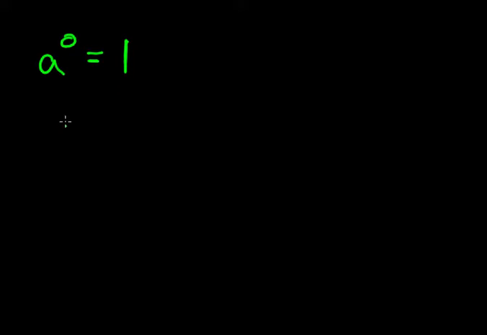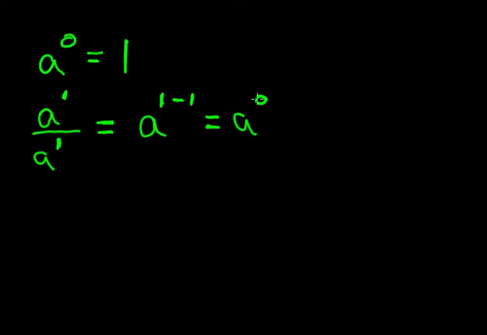We can see this if we look at it this way. If I have a to the first over a to the first, my quotient rule said that was a to the 1 minus 1, which equals a to the 0.